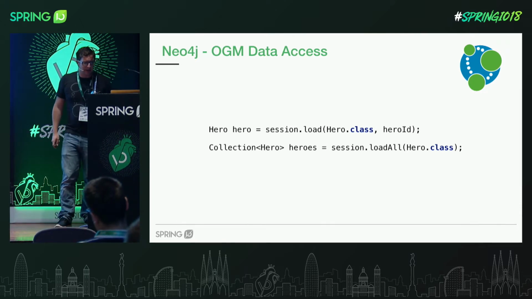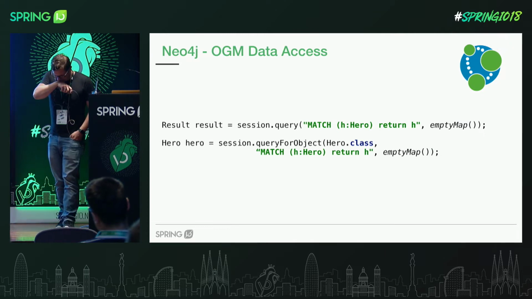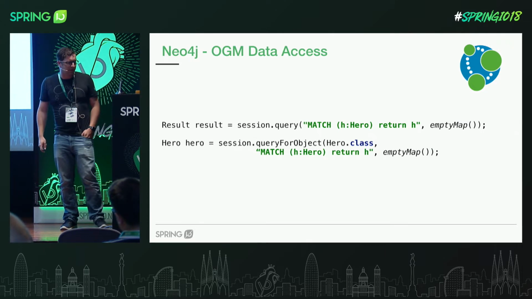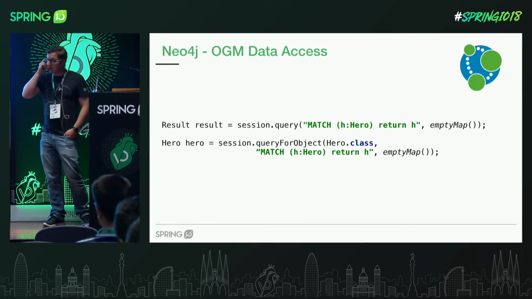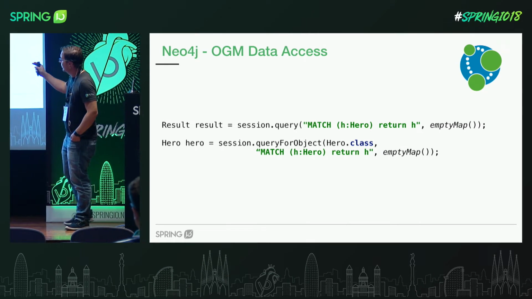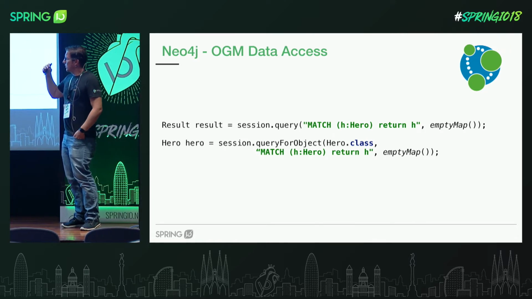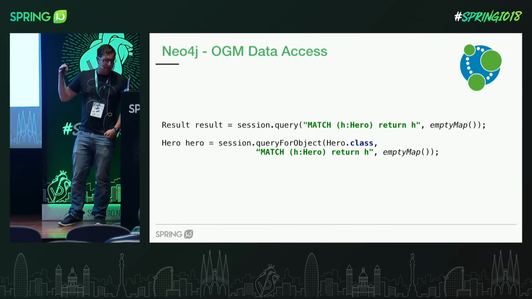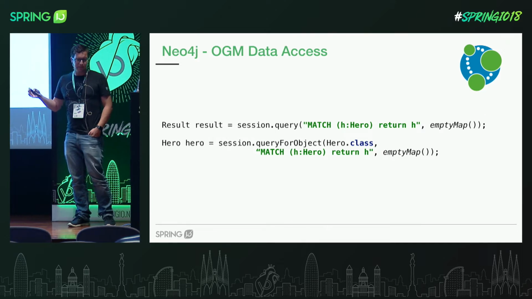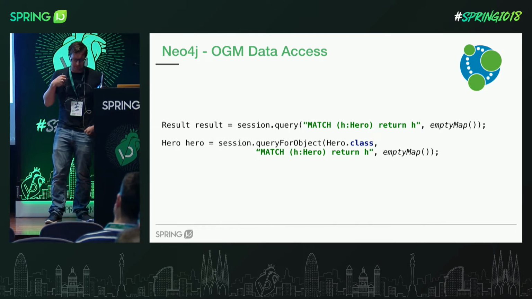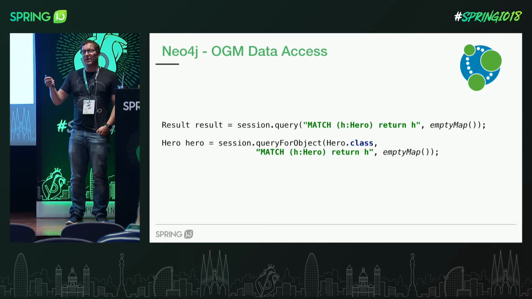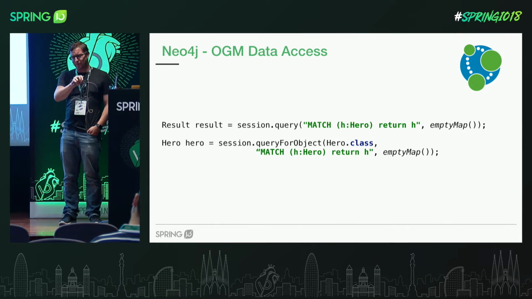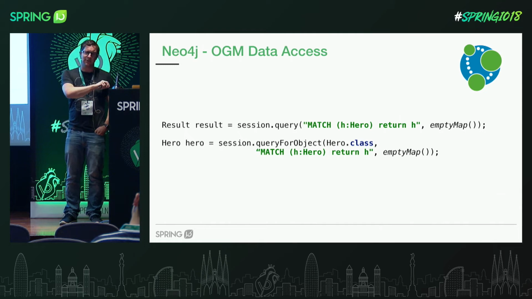So that's pretty much all you can do besides calling Cypher. And as you see in the second example, it's more explicit. You can query for object or objects through Cypher. So you can write any Cypher you want, but the data that comes back has to be interpretable to be converted into this type you get back.